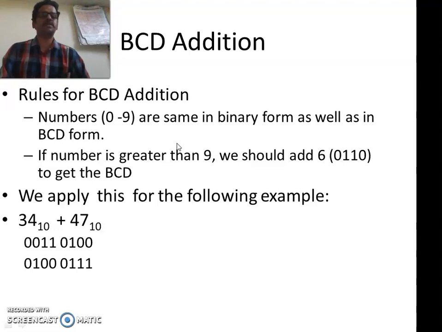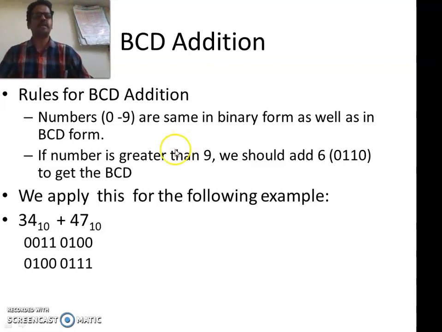The valid symbols of BCD form are 0 to 9. So the symbols or digits 0 to 9 can be represented in same manner in both binary form as well as in BCD form. If the number exceeds 9, there needs a change. We need to make a small adjustment, that is, we need to add 6 to each wrong digit so that it can be converted to a valid BCD digit.